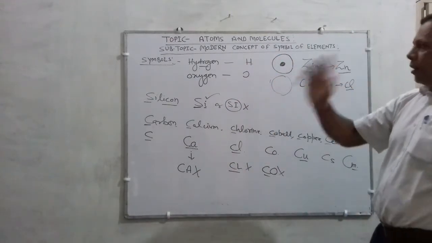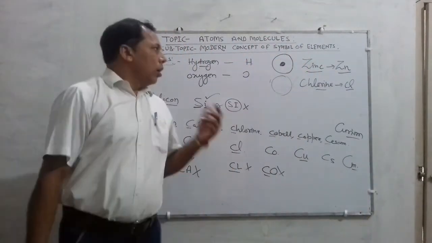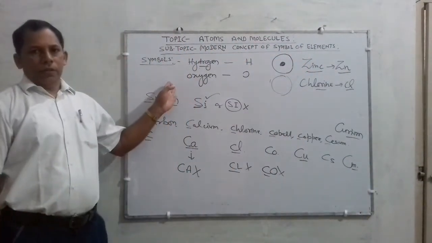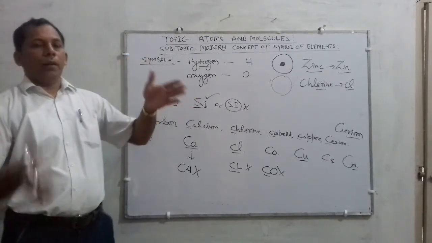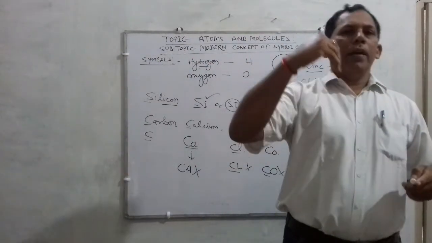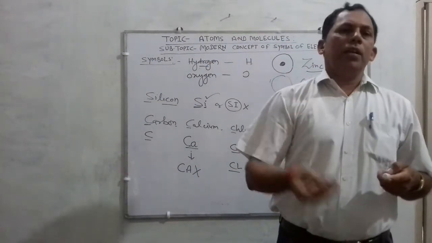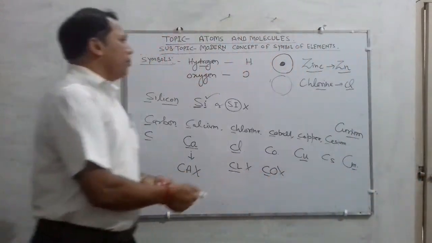Alright children, one more thing I would like to share with you. Most of the symbols of the elements are based on either their English name, their Greek name, their Latin name, or German words.